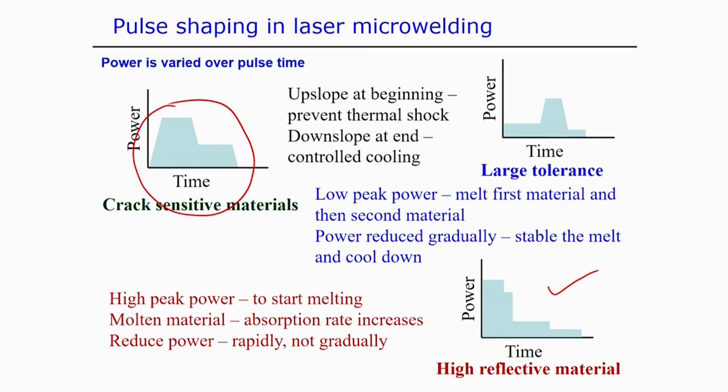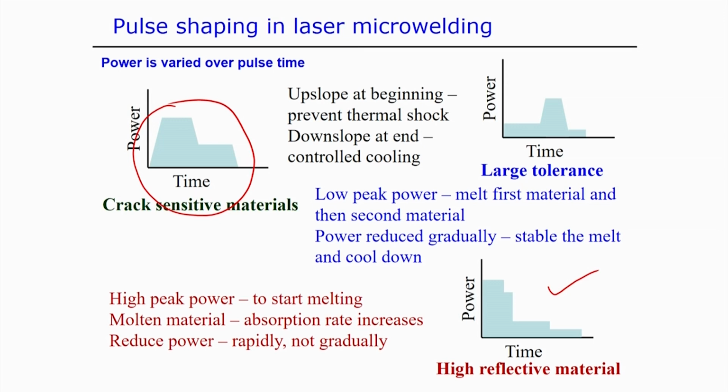If you see the shape of the pulse, here we can see a high peak power. The high peak power is used to start the melting, because these high reflective materials may reflect most of the laser energy. So, in that case, initially we can start with a very high amount of power to initiate the melting process.